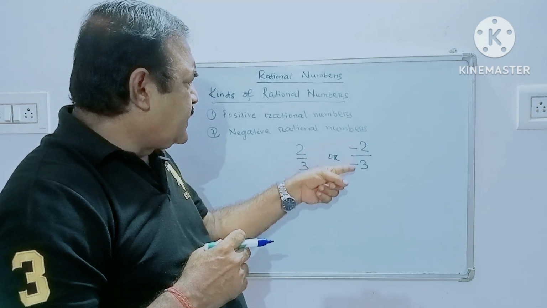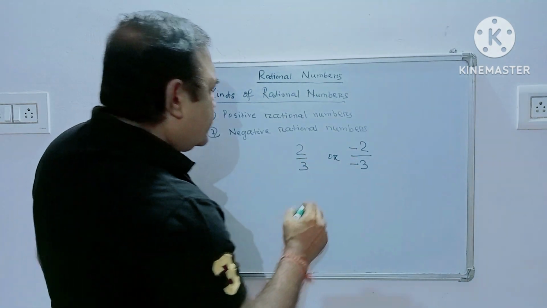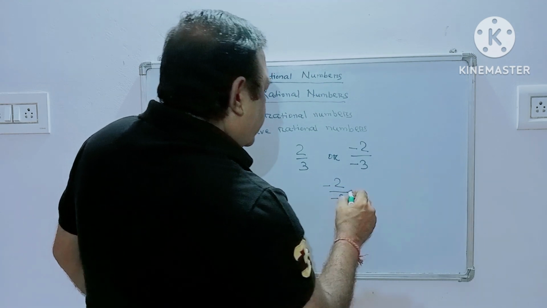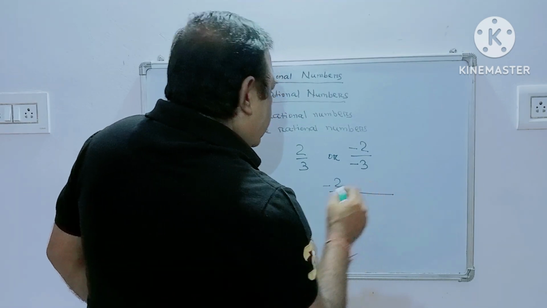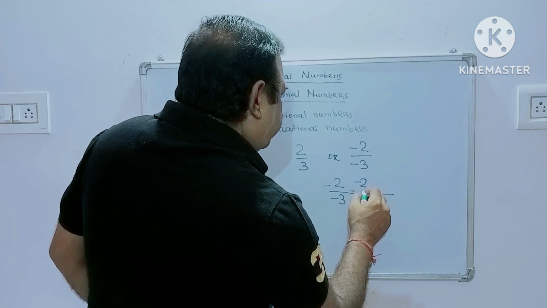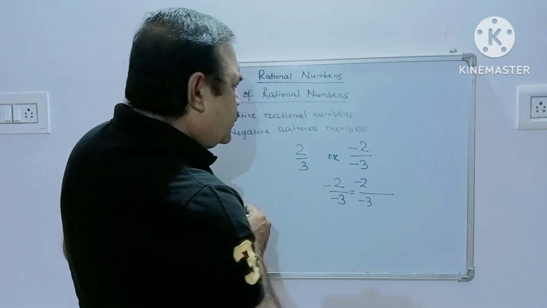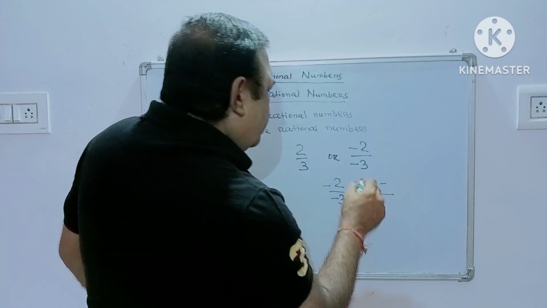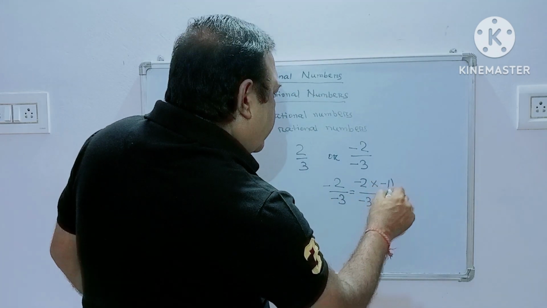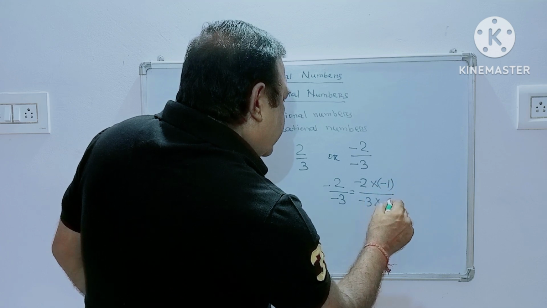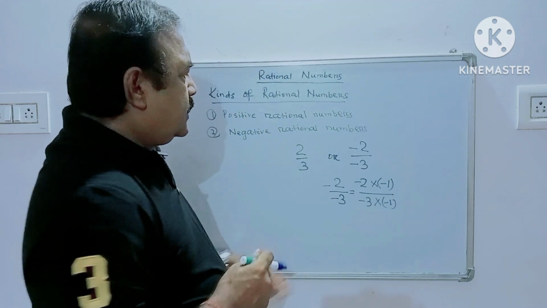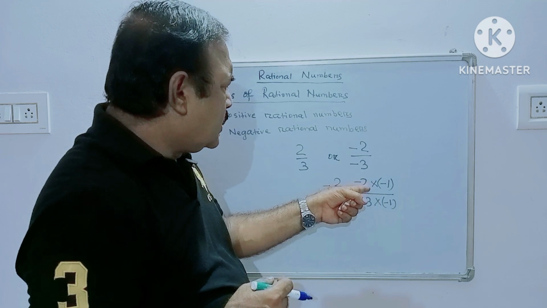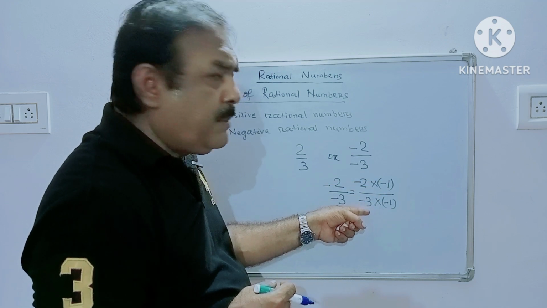You see, in the case of minus 2 upon minus 3, that is equal to, you multiply both the numerator and the denominator by minus 1. So I multiplied minus 1 to the numerator and also to the denominator.